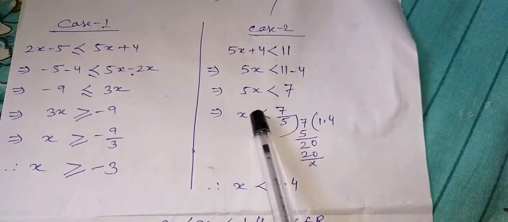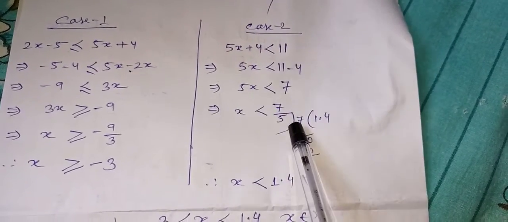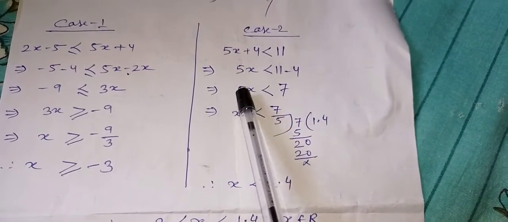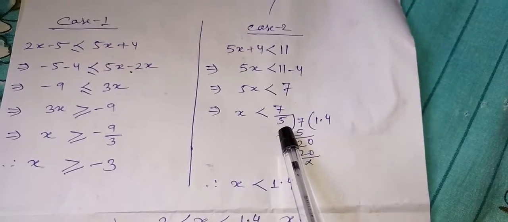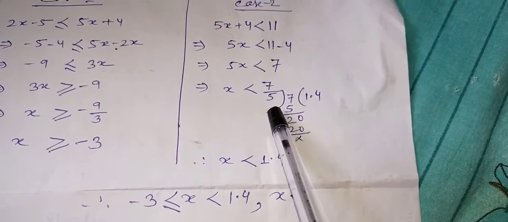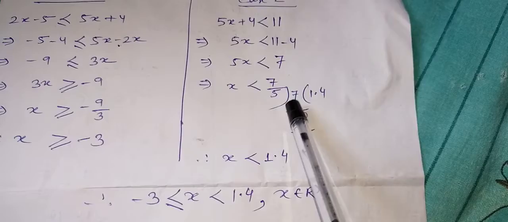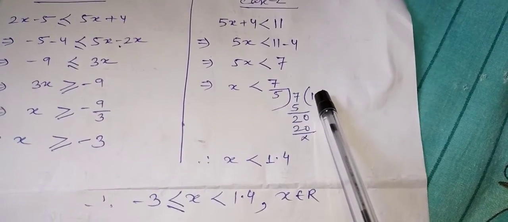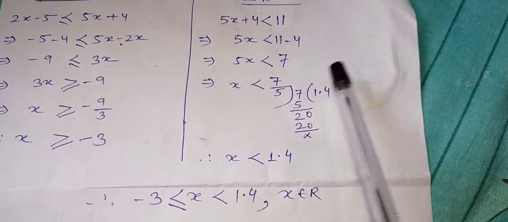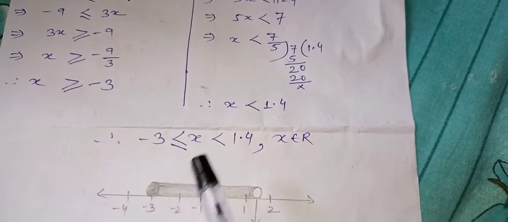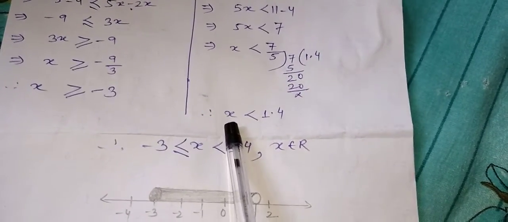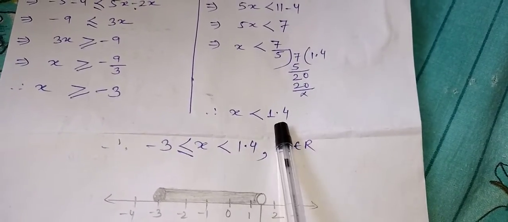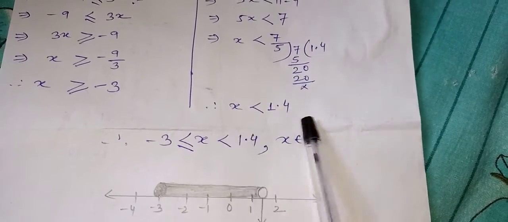So x is less than, 5 will go and divide, because 5 is in the multiplication form, 7 by 5. 5 ones are 5, 2 comes here, you put a decimal, you get 0, 5 fours are 20. So our final result is x is less than 1.4. So this is our result.